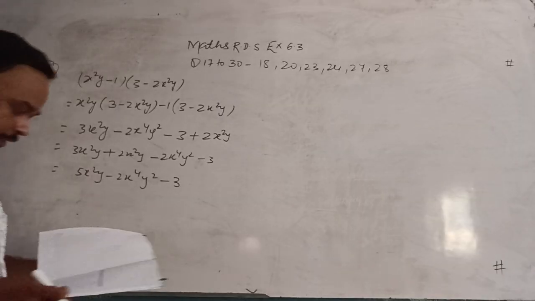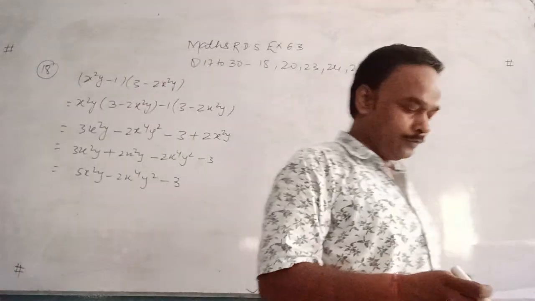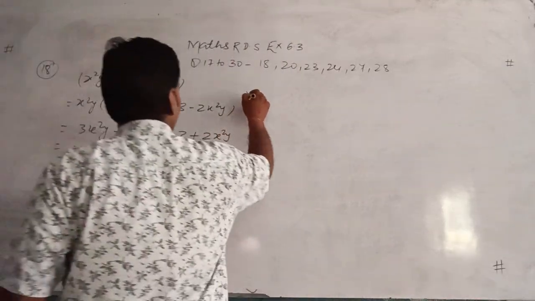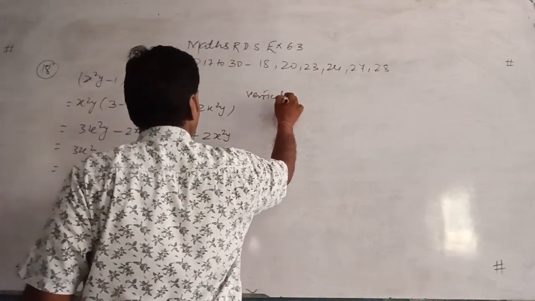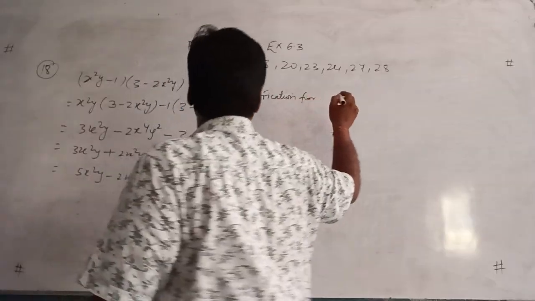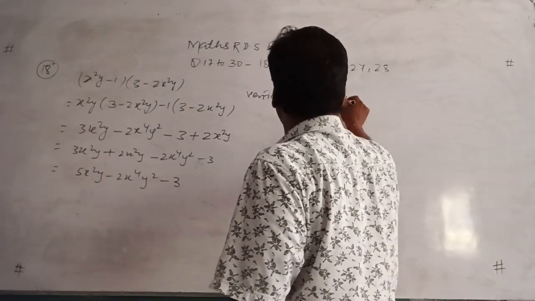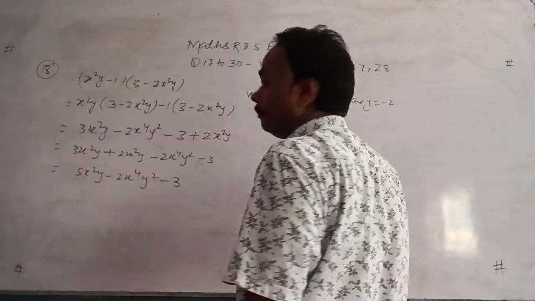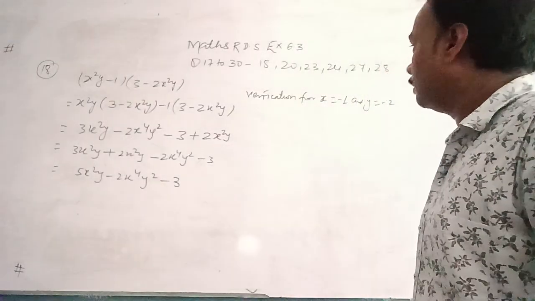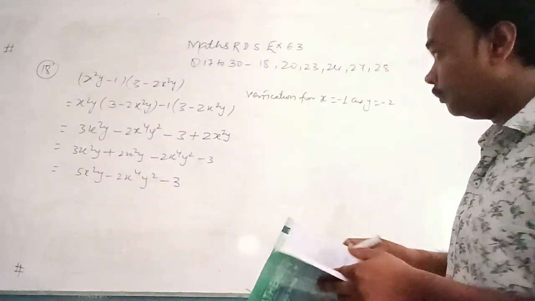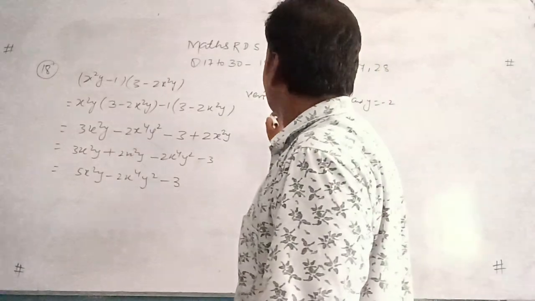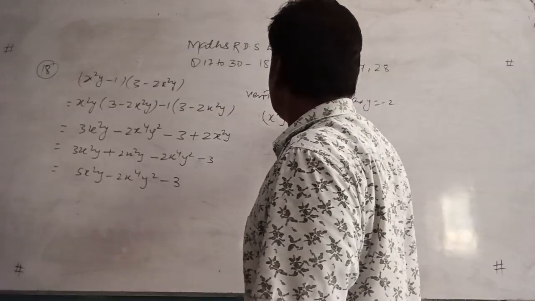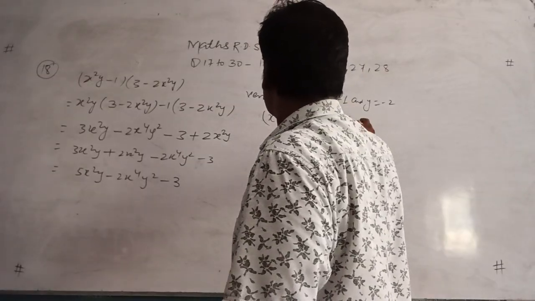This is the product of this question, and we have to verify the result for x equal to minus 1 and y equal to minus 2. Verification: for x equal to minus 1 and y equal to minus 2, x square y minus 1 into 3 minus 2 x square y.